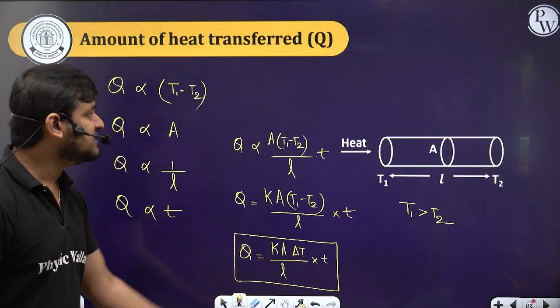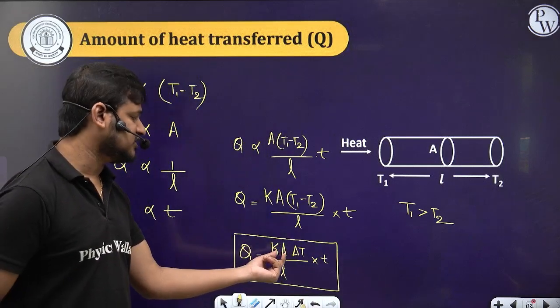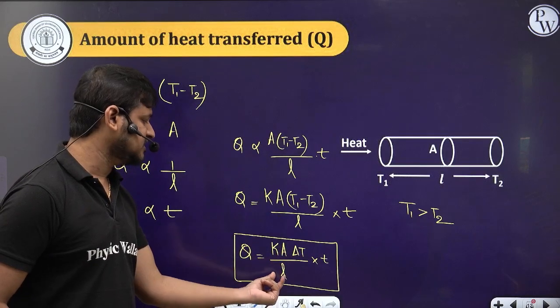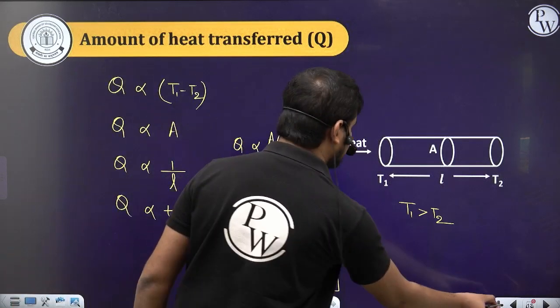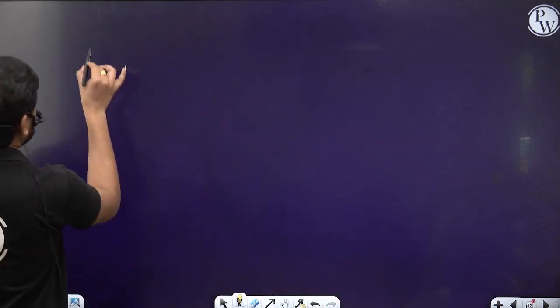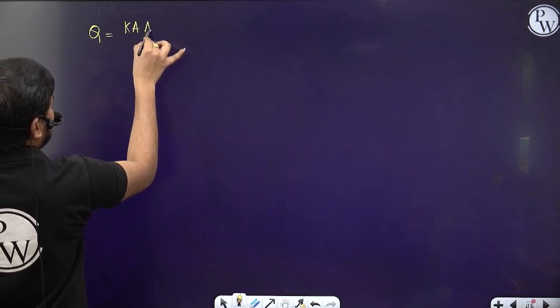Here K is called the thermal conductivity, A is the area of cross section, delta T is the temperature difference, L is the length of the rod, and t is the time. Let me write again here. The heat transfer formula, Q equals K A delta T t by L, everyone should remember.